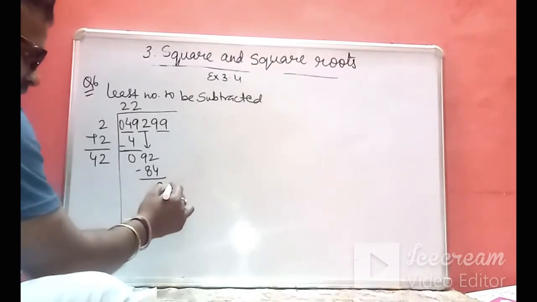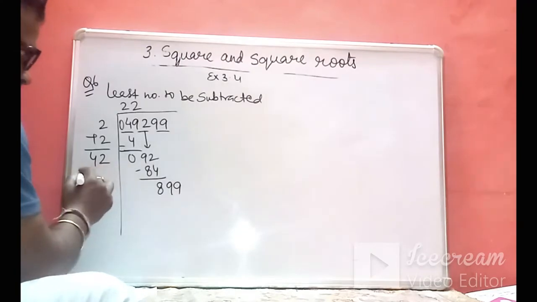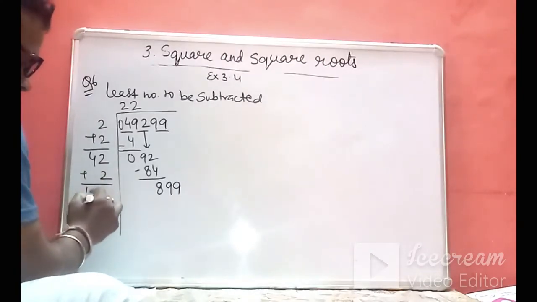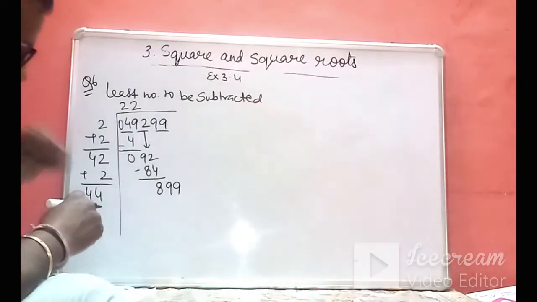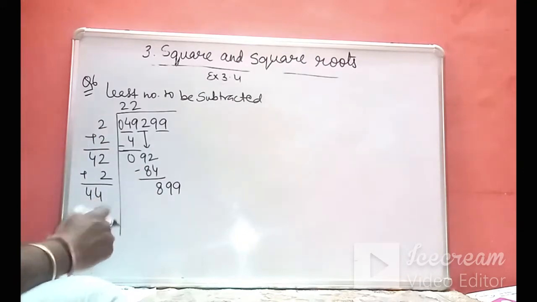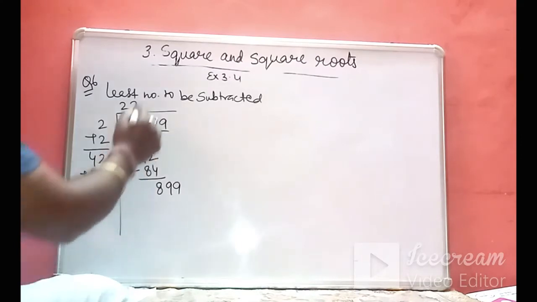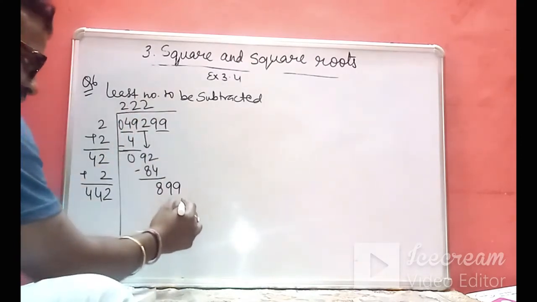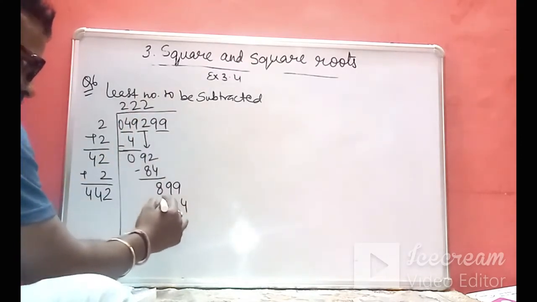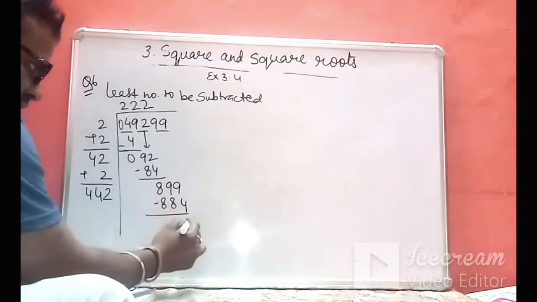Now it is 8 and 9, so 2 will come here, then 44. Okay, now since it is not a perfect square, if I write 2 here, 2 into 2 is 4, 8 and 8, and if I subtract I will get a remainder.